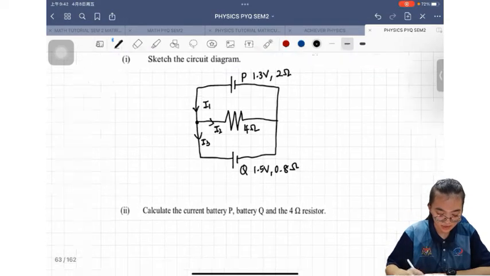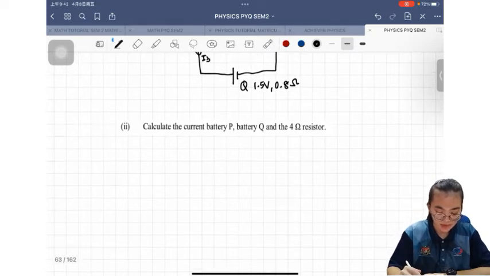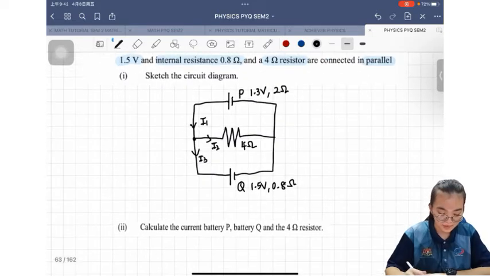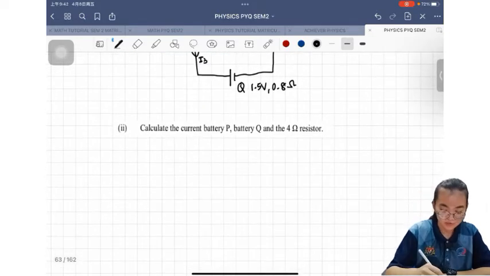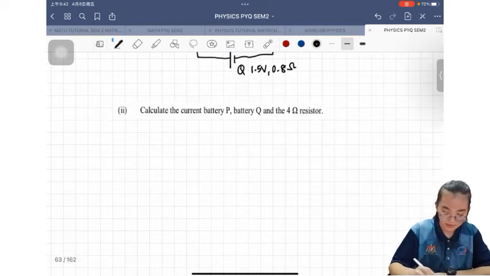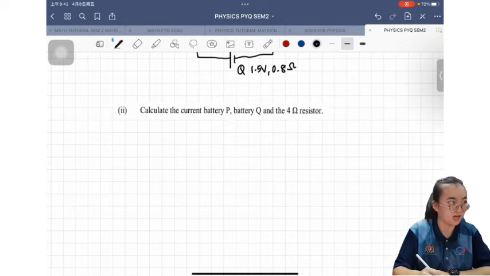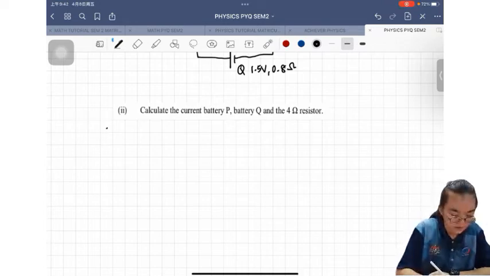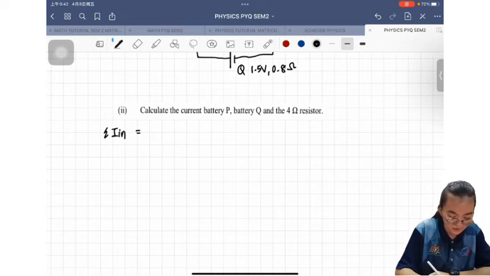And look at the second question: calculate the current through P, through Q and through the 4 ohm resistor. Then we can use Kirchhoff's rule, the first one, which is the junction rule: the current in equals the current out.